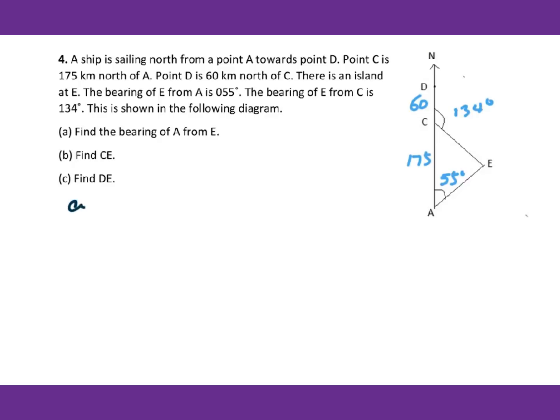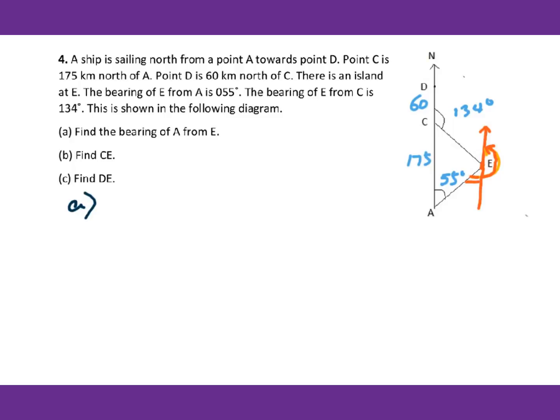For A, find the bearing of A from E. From E, which means we need to draw this vertical line pointing to the north. The bearing angle will be this one. First of all, I will extend this line. From here to here, that's 180 degrees.